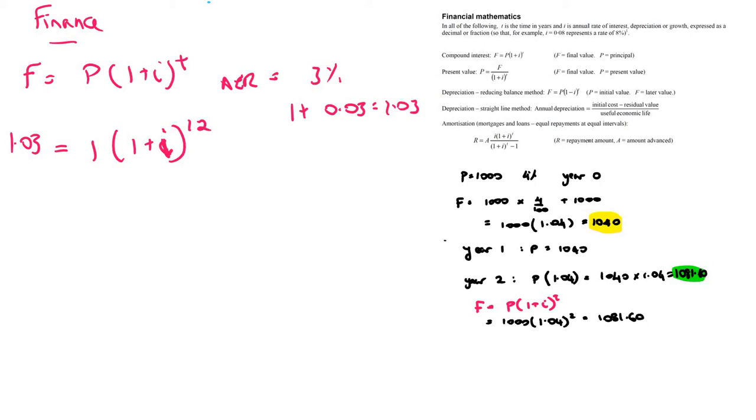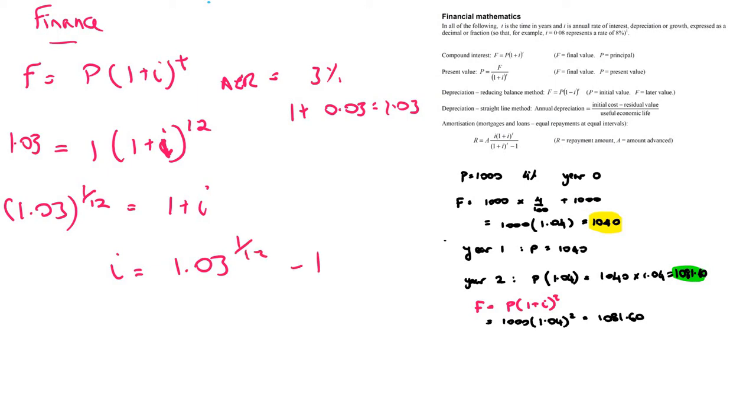Like if 1.03 is equal to 1 times (1 plus I) to the power of 12, then if we get the 12th root of both, we have 1.03 to the power of 1/12, or the 12th root, is equal to 1 plus I. So therefore our interest rate, which I'll just write here, is equal to 1.03 to the power of 1/12 minus 1.